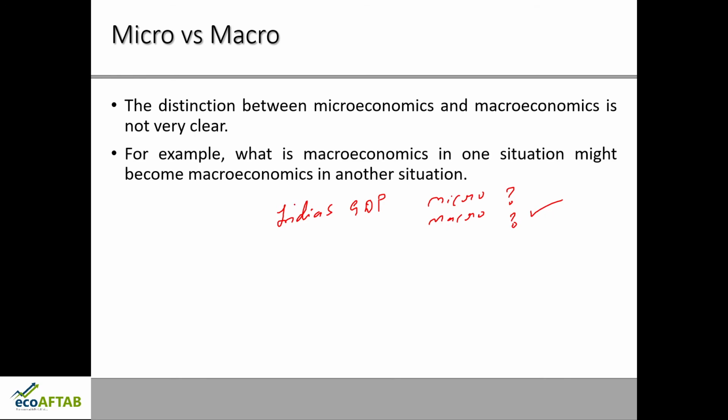But when you're comparing India's GDP with world GDP, with global GDP, now what has happened? The context has changed. Global GDP has become macro and India's GDP has become micro. So in one situation, what is macro, in another situation it becomes micro.